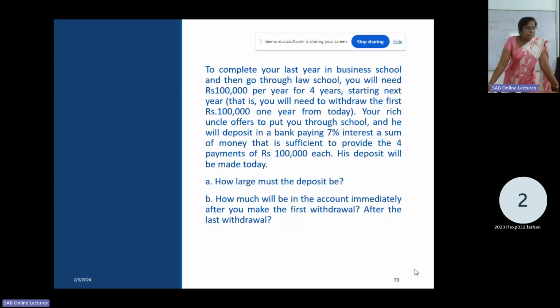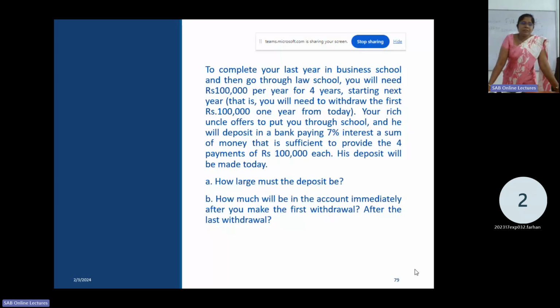Your rich uncle offers to put you through school, and he will deposit in a bank paying 7% interest a sum of money that is sufficient to provide the 4 payments of 100,000 each. This deposit will be made today. How large must the deposit be?